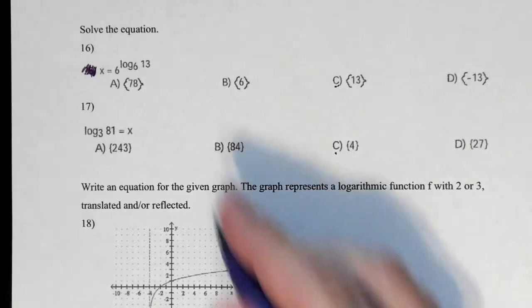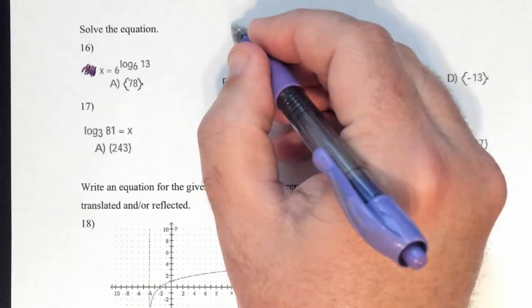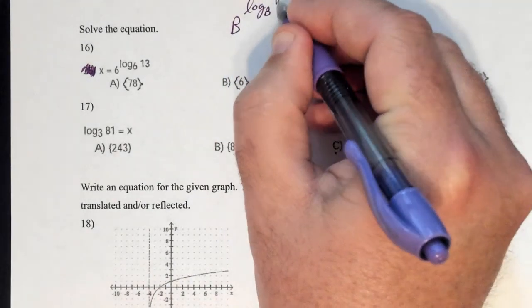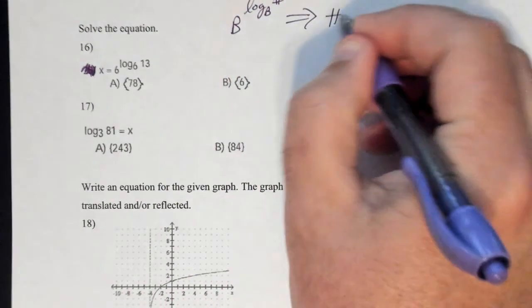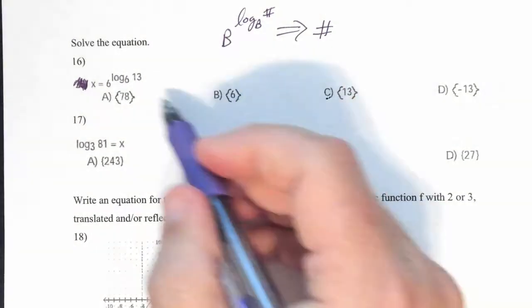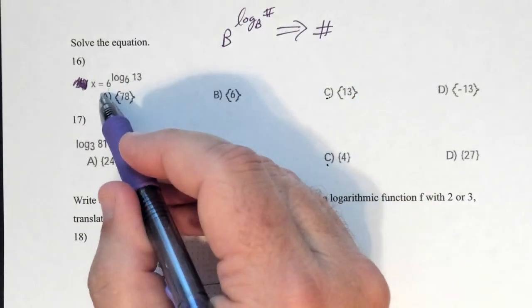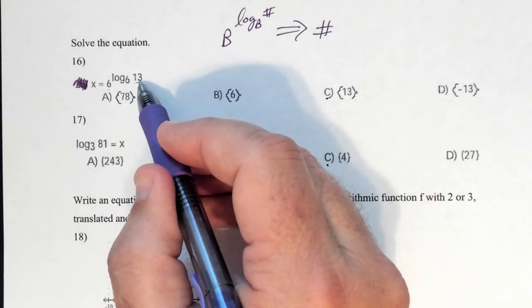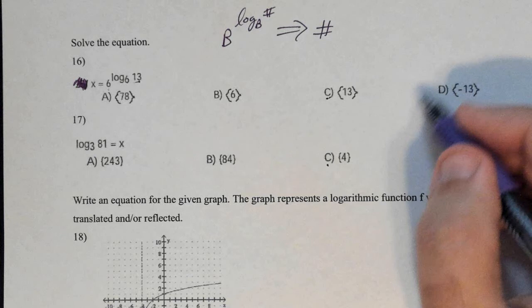The nice thing about this is any base to the log of a base of some number is always going to equal that number. So if they're equal bases, they kind of cancel each other out, so base 6 and this base 6 gives me my answer of 13.